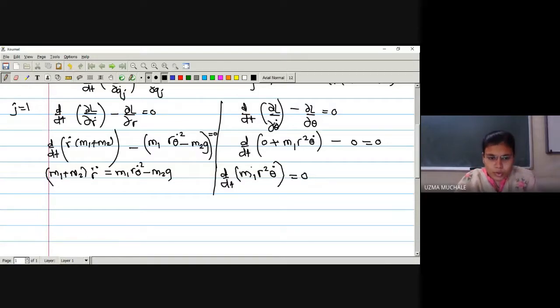Now we have to solve these two equations in such a way that we get the solution very easily. For that, we'll integrate this equation with respect to t.